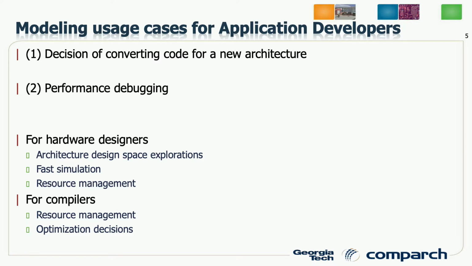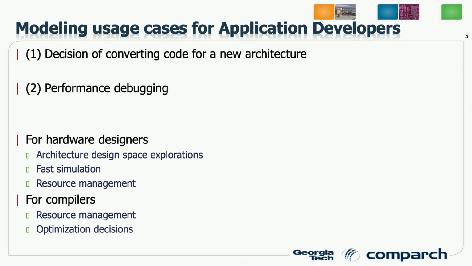The modeling also gives some benefit to hardware designers. Modeling is mostly used for fast simulations, for architecture designers to explore different design spaces. Sometimes architecture designers also use modeling to decide resource management, such as if you have caches, how do you split these caches between the CPU versus GPUs, or memories, and how do you split them across different architectures.